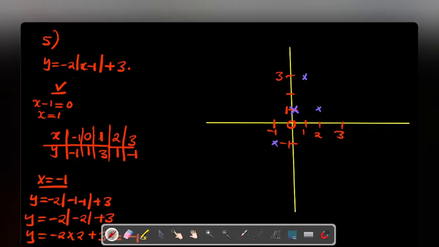Then we have 3 comma negative 1, so we have a point there. So now we need to plot our graph. So plotting this graph, it will look like this. It's a V, remember? So it will be like this. So I'm supposed to move that point anywhere there. So I need to move this point, which is 0 comma 1.